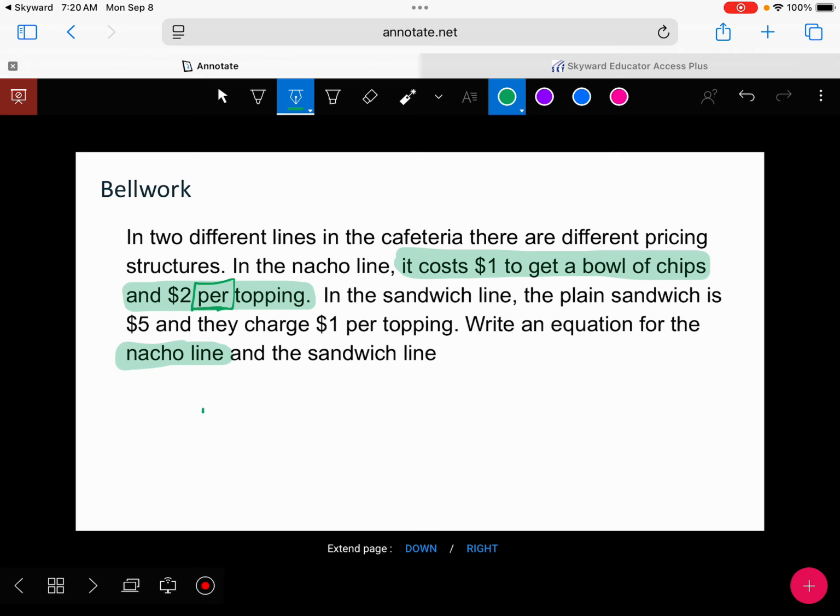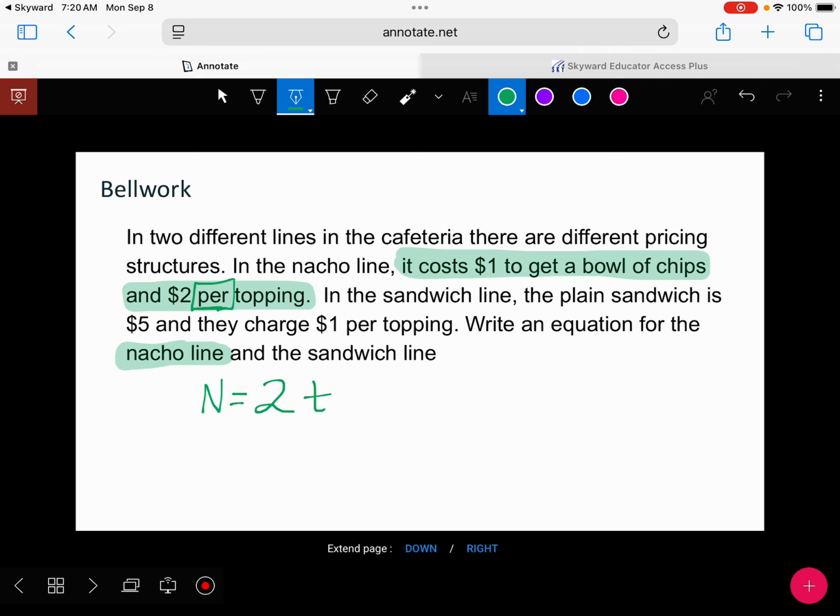So we know the cost for our nachos is going to be, I need to get a bowl and I'm going to fill it with stuff. So all my stuff is going to be $2 for every topping. If I get one topping, $2. If I get two toppings, $4. If I get three toppings, $6.